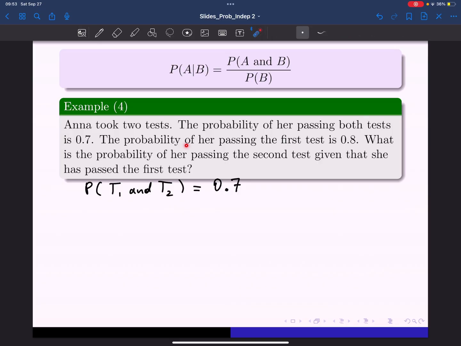Then the probability of passing the first test, T1, is 0.8. Now the question asks: what is the probability of passing test 2 given that she passed test 1?